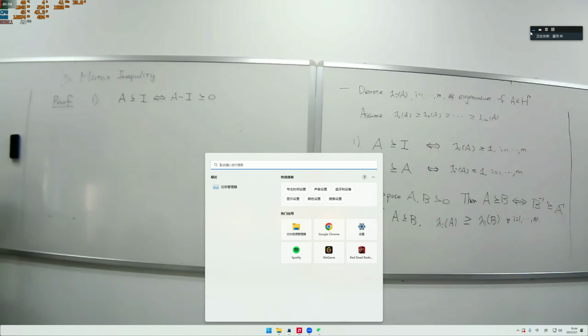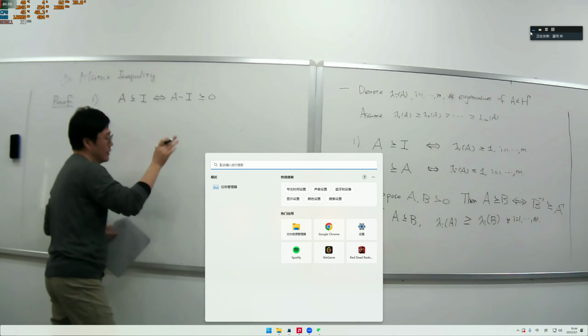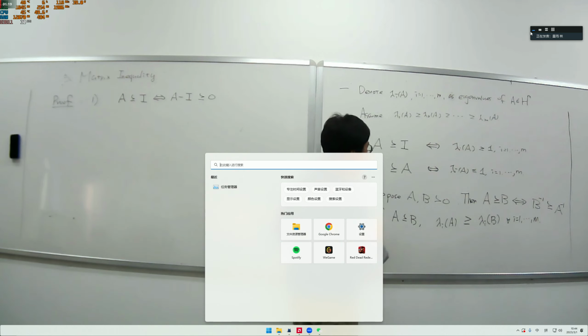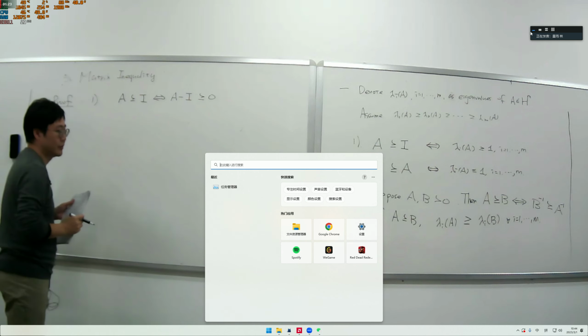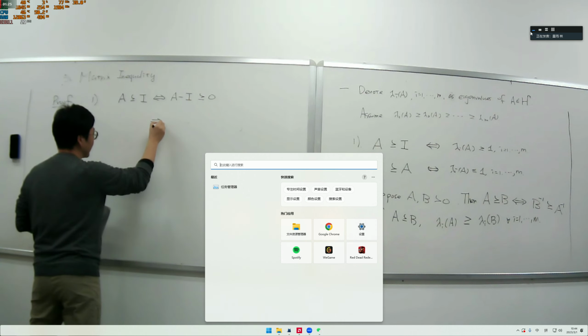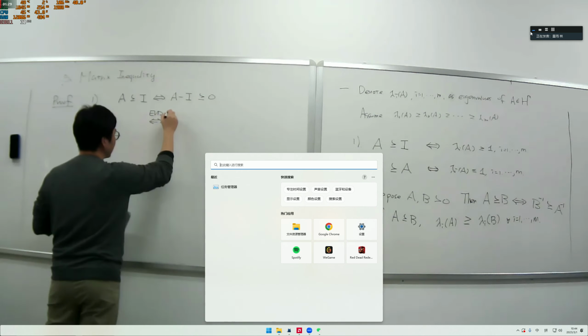It's a PSD matrix. Then because A here we assume is Hermitian, it's always unitary and diagonalizable, right? So we can have EVD. Suppose the EVD of A is V lambda V Hermitian.